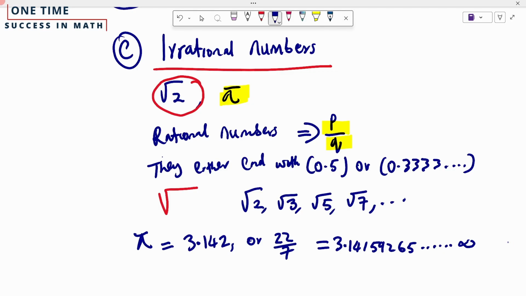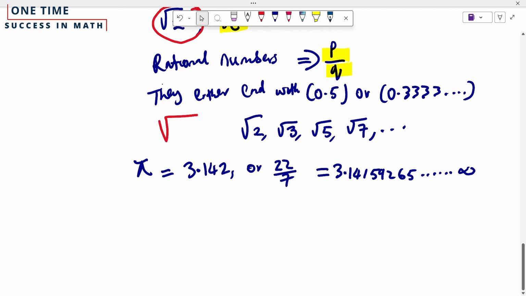It is irrational. So I'll take my time to explain this as well, so that you will understand it very well. When you have the square root of 2, you try to find a number that multiplied by itself is equal to 2. Let's say 1 times 1 is 1, that's too small. 2 times 2 is 4, it is too big.